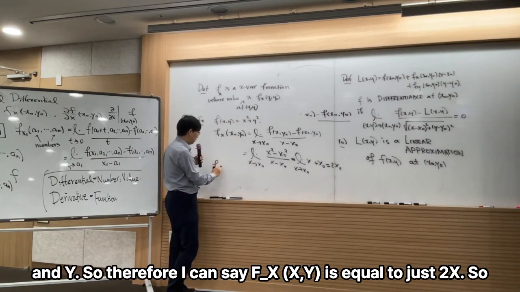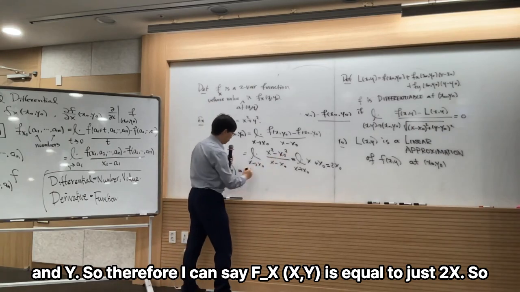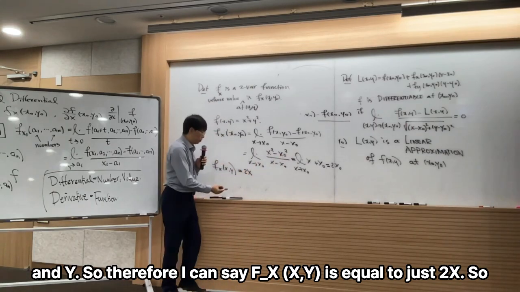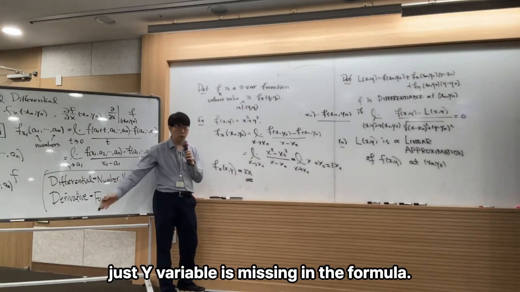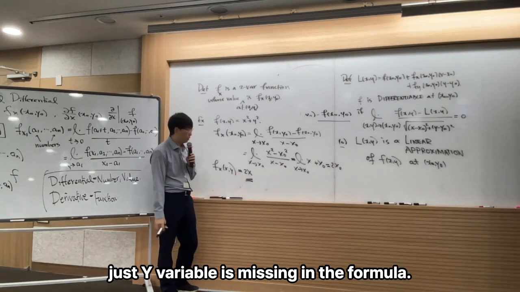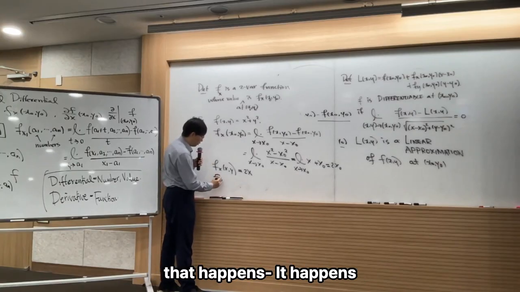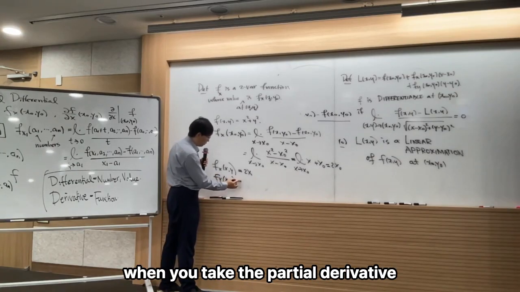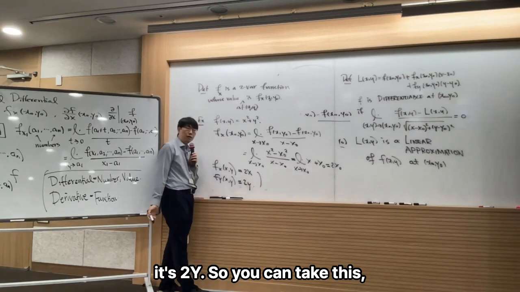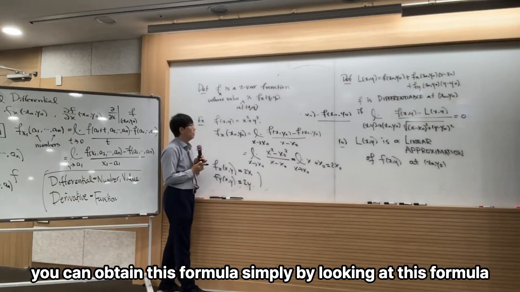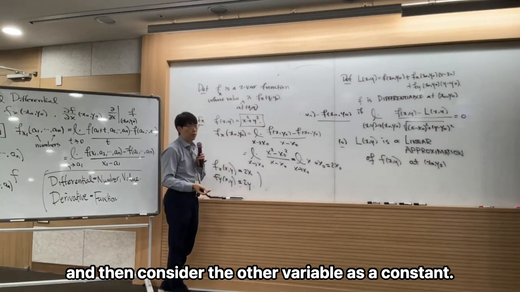Therefore, f sub x of x, y is equal to just 2x. If you look at 2x, it's just another formula of a two-variable function, just the y variable is missing in the formula. So this is another two-variable function. You see the same thing when you take the partial derivative in terms of y, it's 2y. You can obtain this formula simply by looking at the original formula and considering the other variable as a constant.